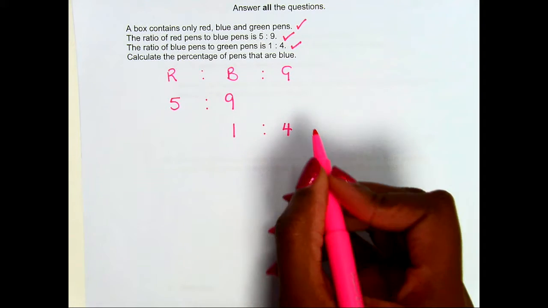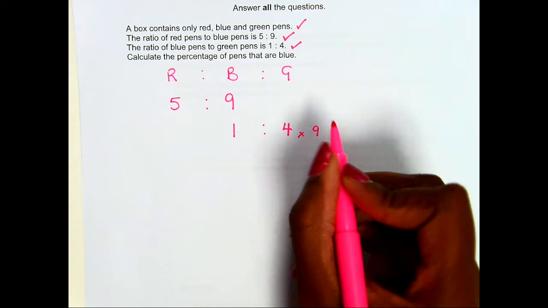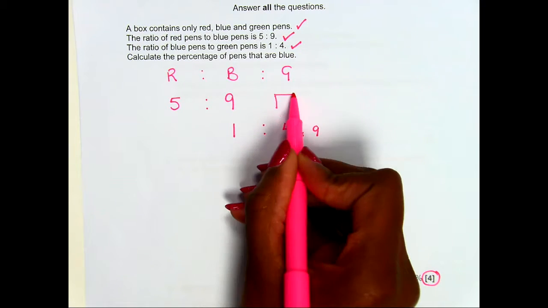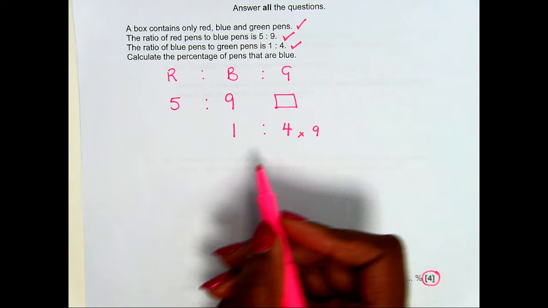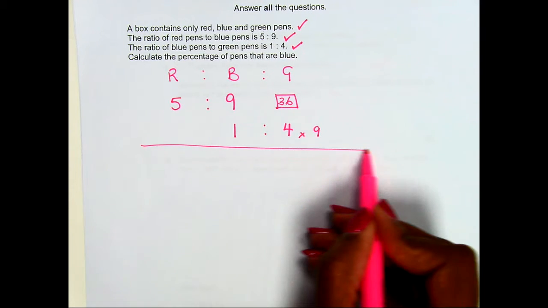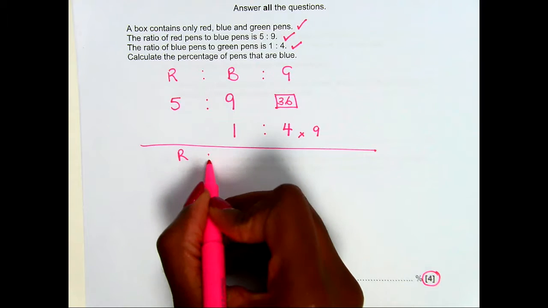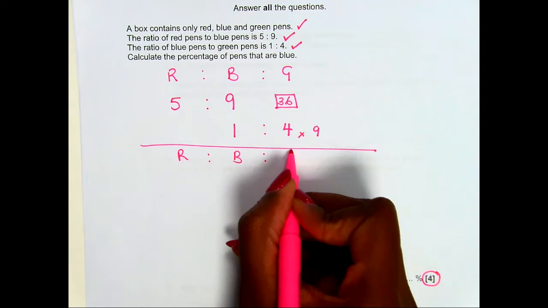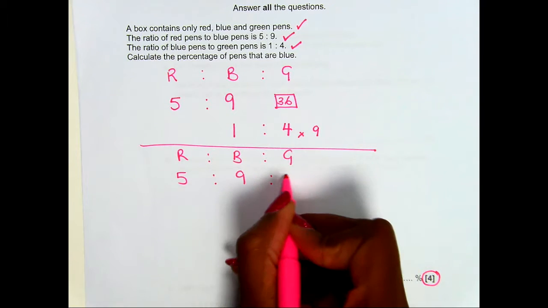Okay, so if I multiply that by 9, that's going to give me the answer that goes right there, which in this case is 4 times 9, 36. I'm going to put 9 onto there, and I'm going to say that my red to blue to green is now going to be 5 to 9 to 36.